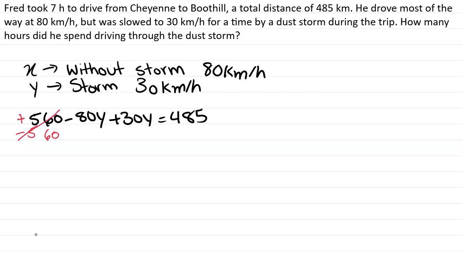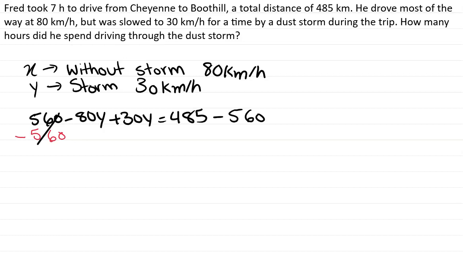And these two will cancel out. And since we subtracted 560 from this side of the equation, we have to do it to the other. And this gives us a 0.